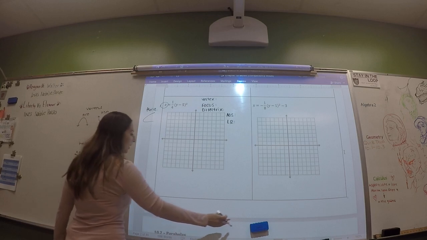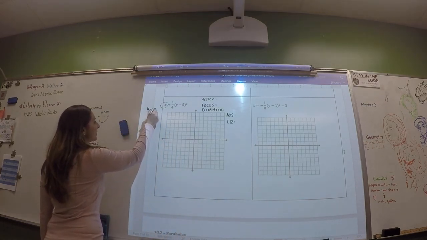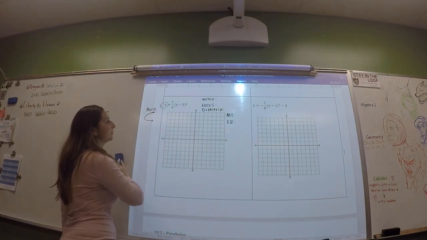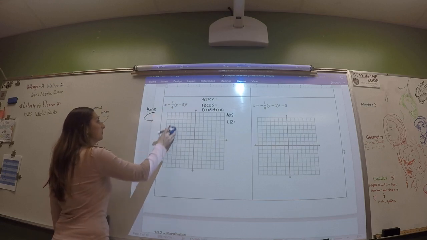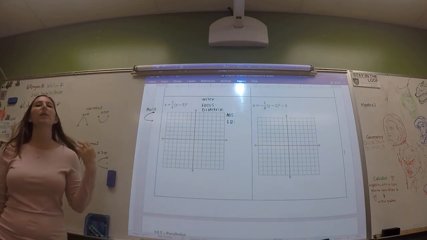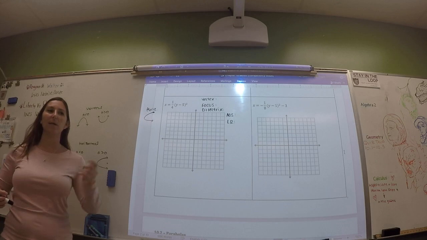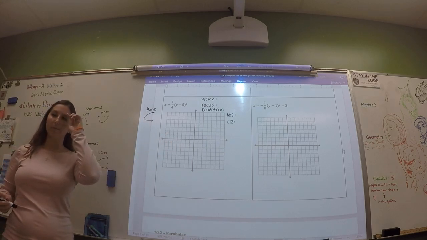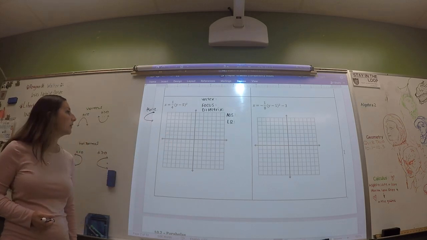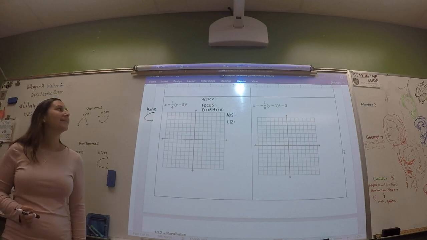If a is positive, it opens to the right, and if a is negative, it opens to the left. Positive opens to the right, where the x's get positive. So when you're right, you're positive.